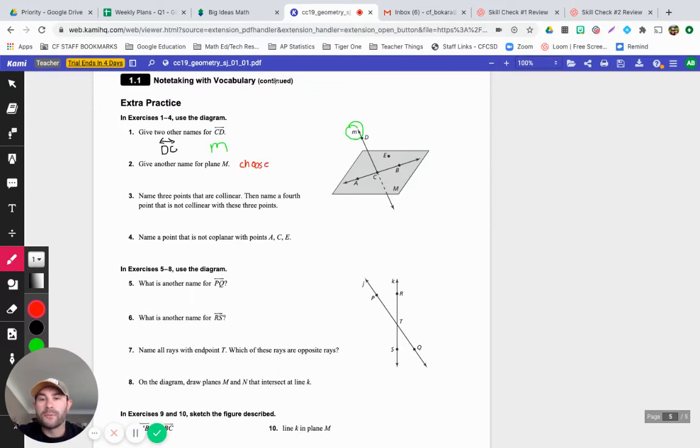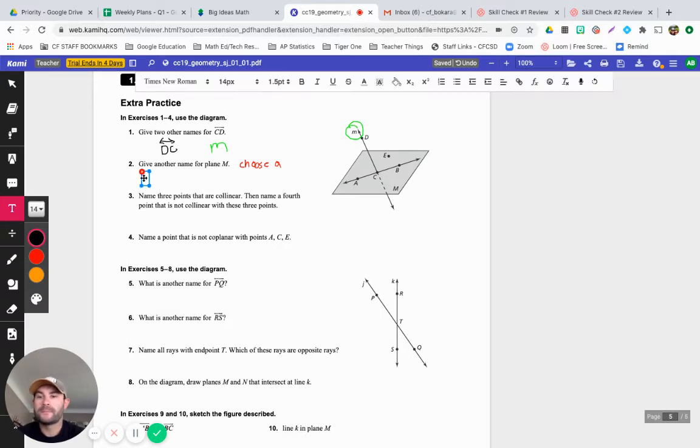Choose any 3 non-collinear points on M, points that are not on the same line.